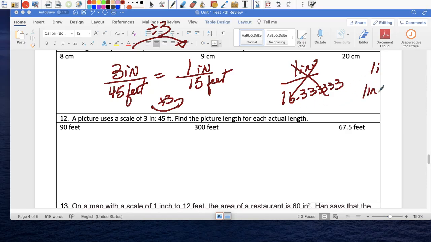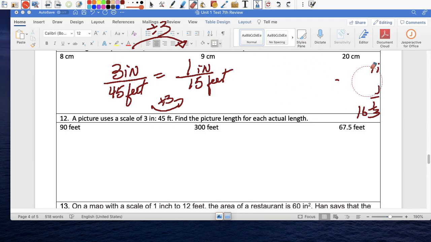It might force you to use 16 1/3, or if it was 6666, 16 2/3, etc. So you're better off not doing that. In this case, it worked out nice. 45 divided by 3 is a nice whole number, 15. So you can now use the proportion. Instead of using 3 inches to 45 feet, use 1 inch to 15 feet. It just makes life easier.